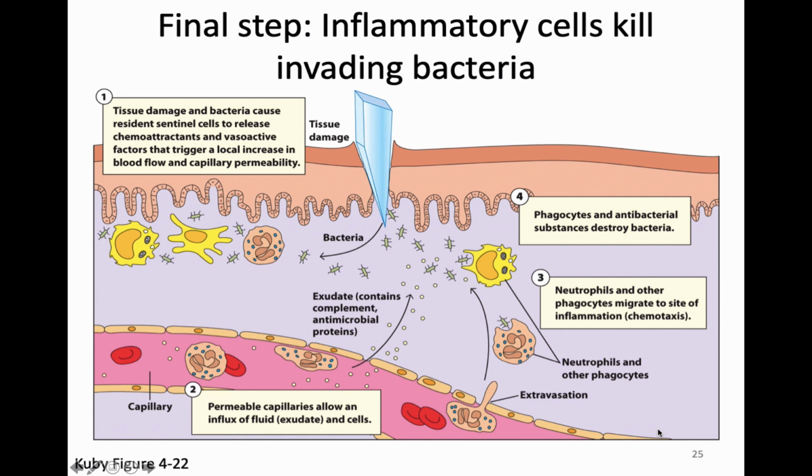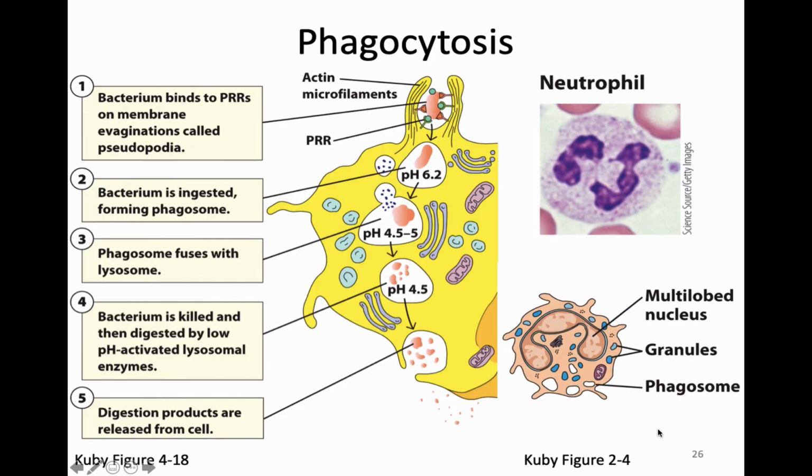We can see an influx of fluid and cells into that site. And finally, we need to have these cells that have migrated to the site of inflammation, our neutrophils, actually destroy the bacteria. And so we finally need to talk about how those neutrophils are going to destroy the bacteria.